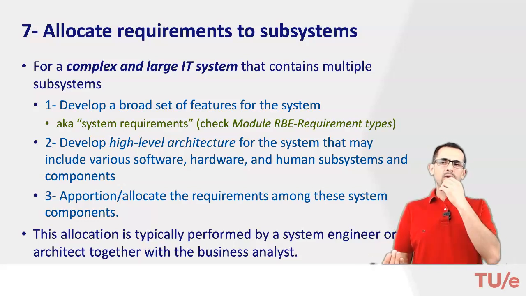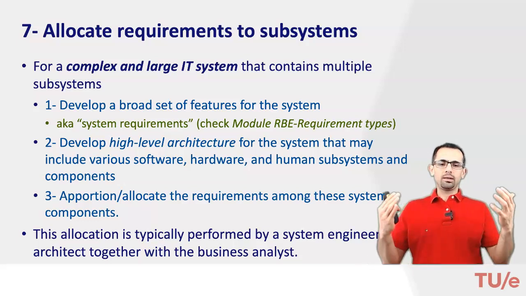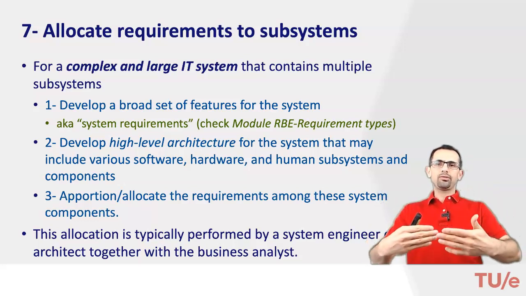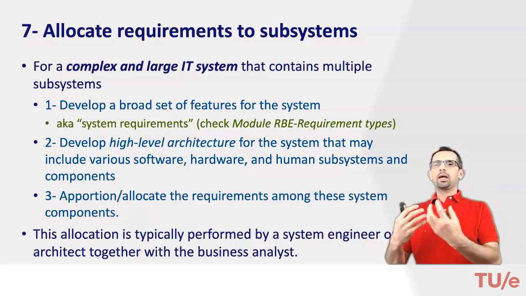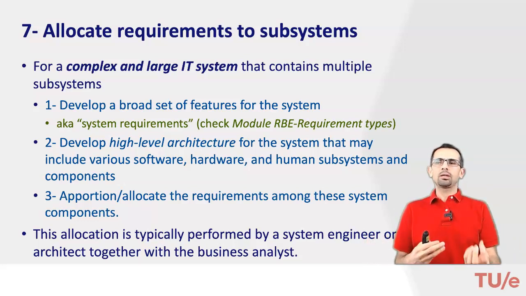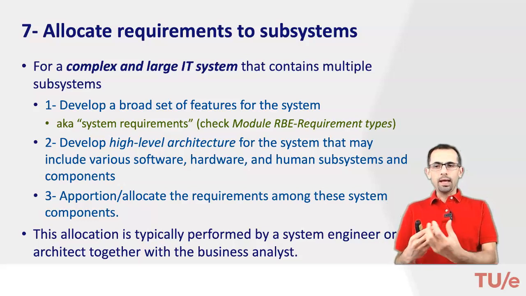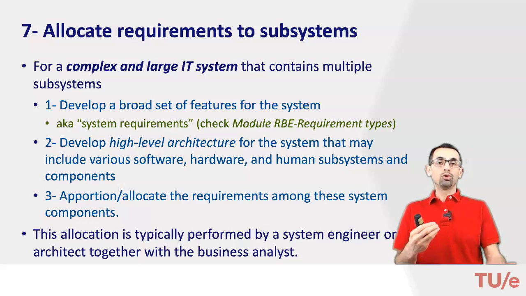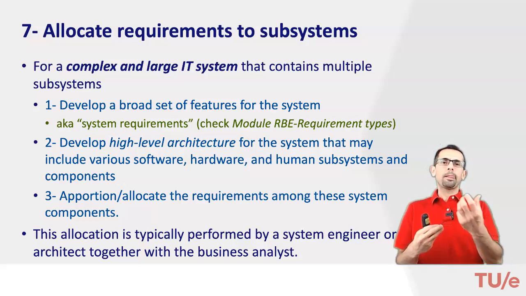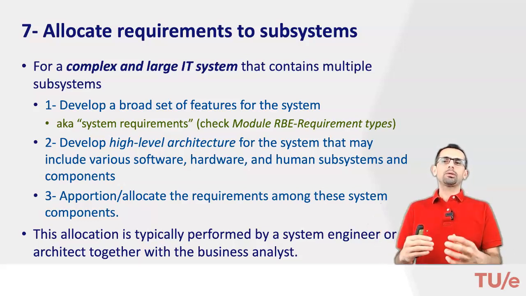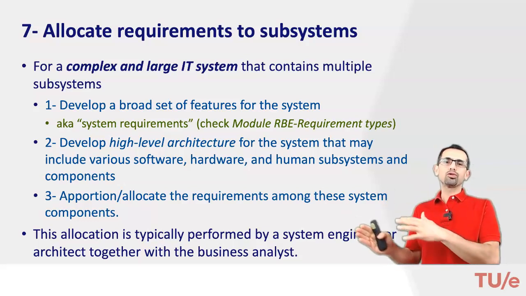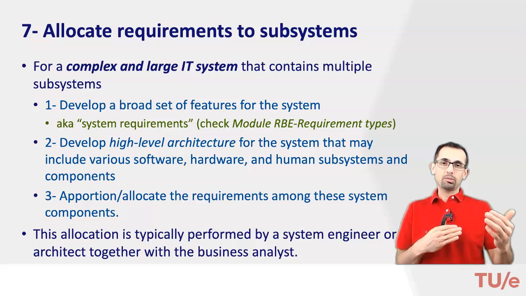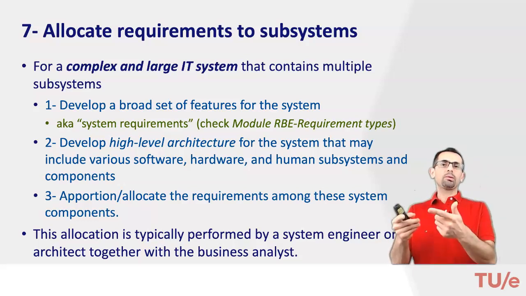So basically you first have to make a very high-level architectural design of your system, and then allocate the high-level requirements and features to those subsystems, and then take these high-level system requirements as input. Remember the module requirements and elicitation that we mentioned, the different types, and we also mentioned system requirements, and that's what we mean here.